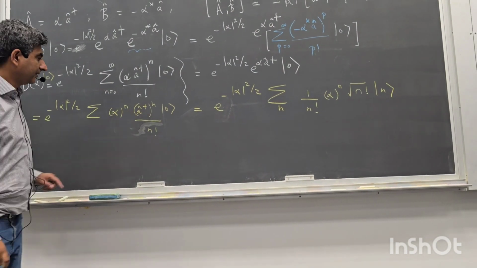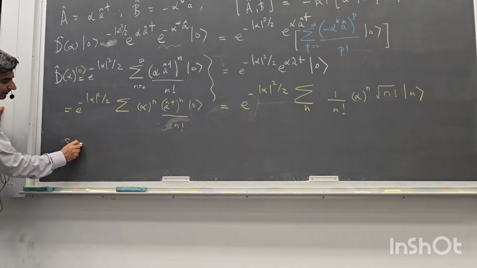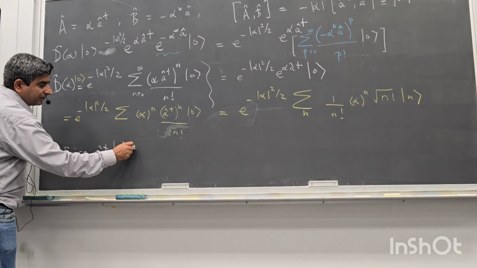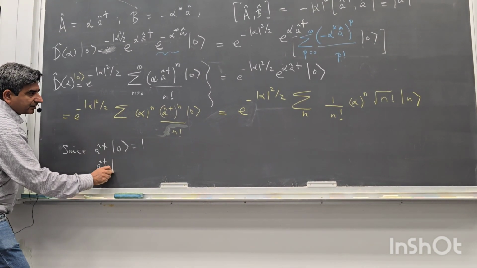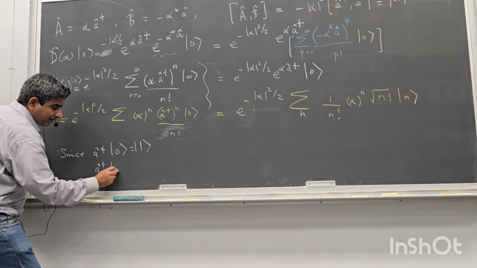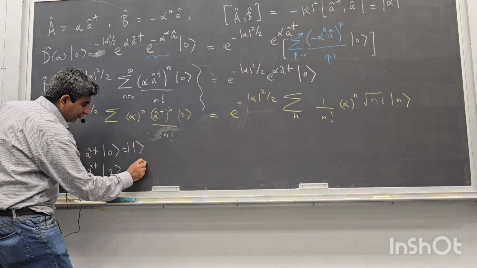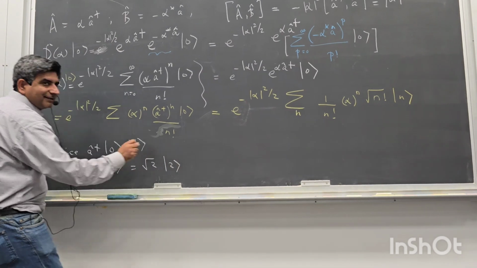Because A dagger acting on 0 gives me 1, A dagger acting on 1 gives under root 2, ket 2, right?